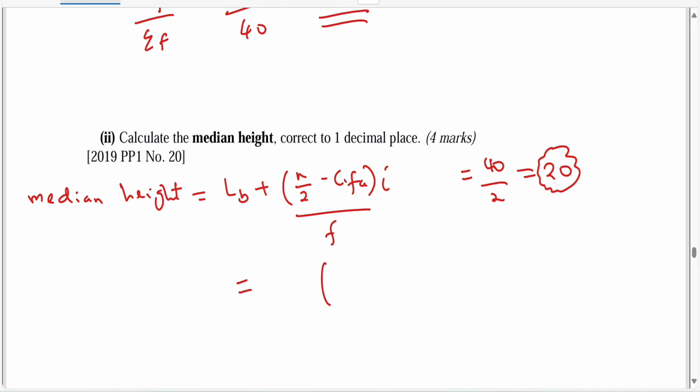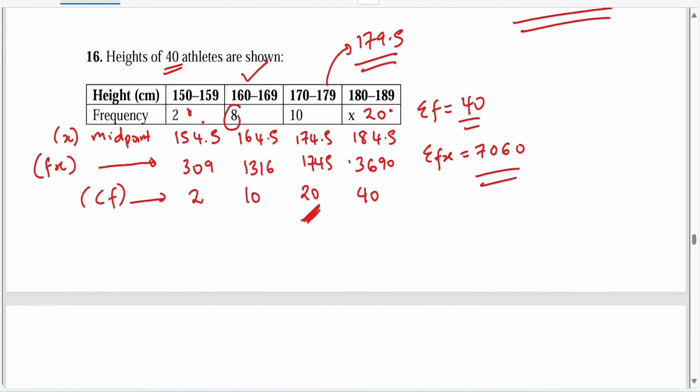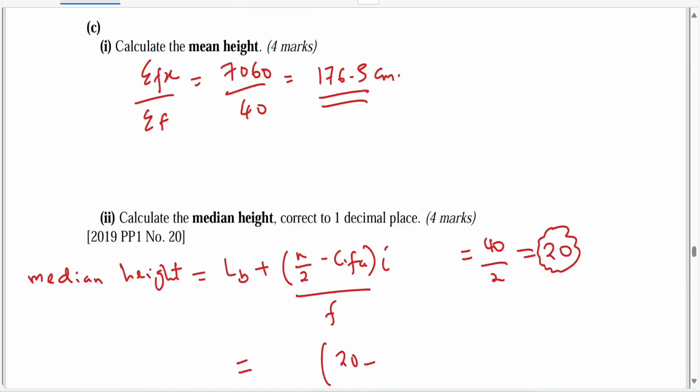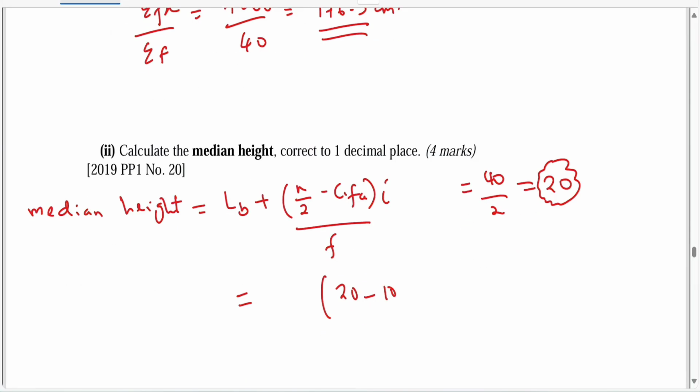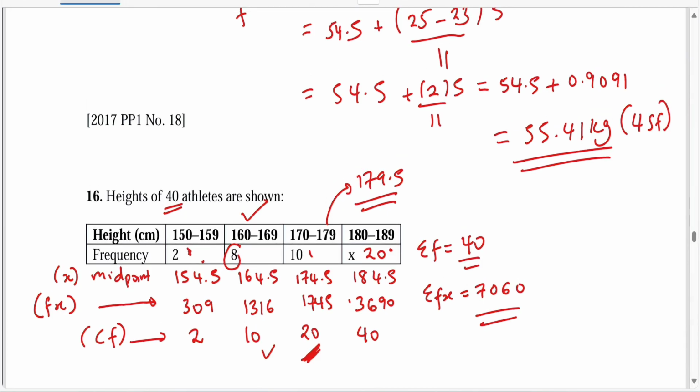So si tumepata 20, right? 20 minus cumulative frequency above, ni gani? Ni hii 10. So 20 minus 10, divide by your frequency. Your frequency hapa ni hii hapa 10.